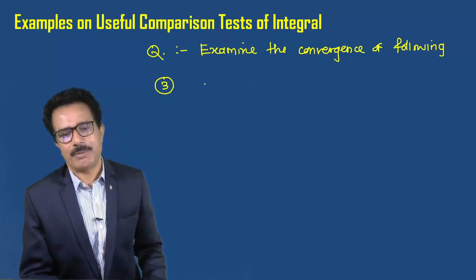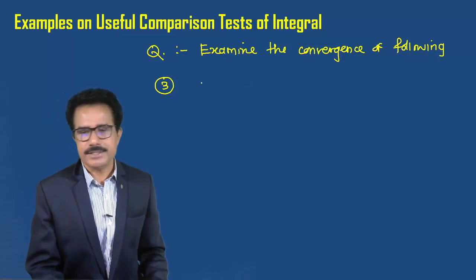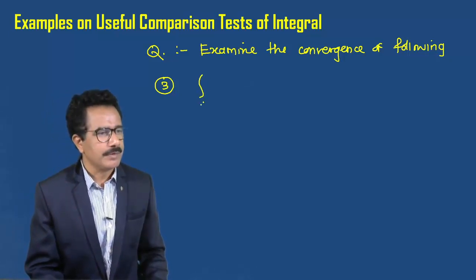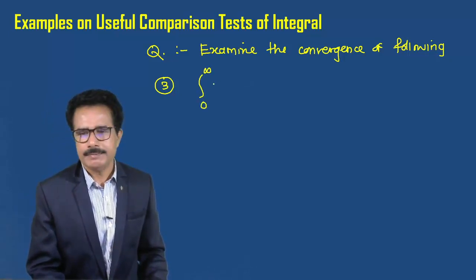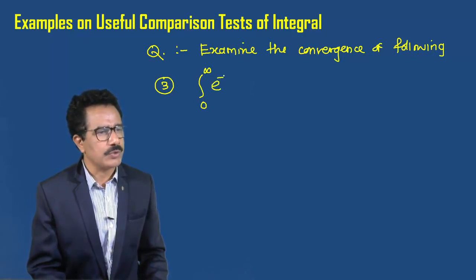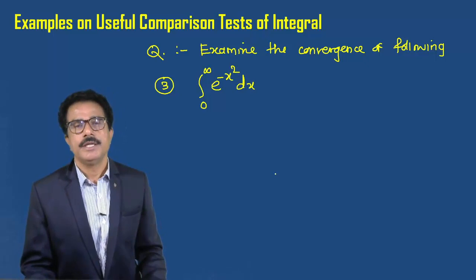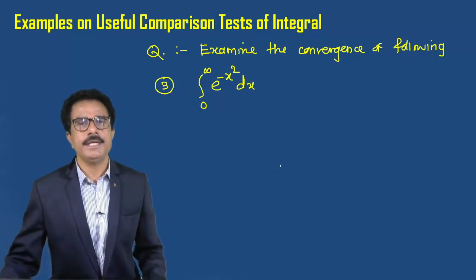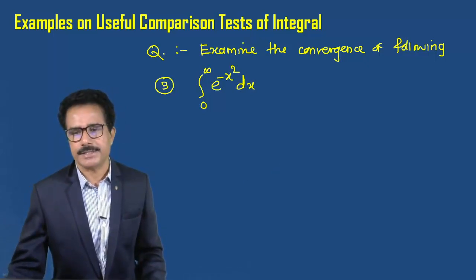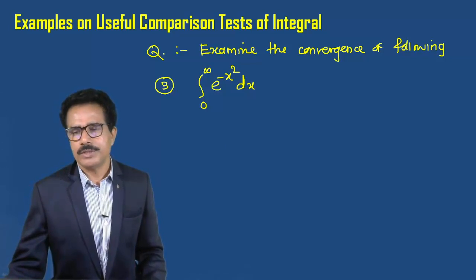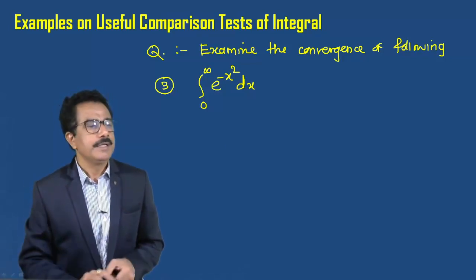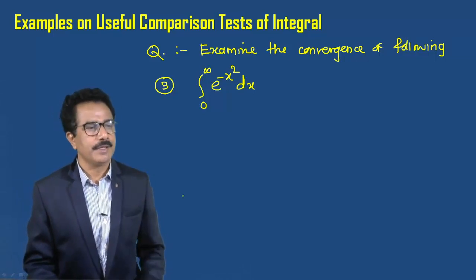See, this is the third problem. Now we can write this third problem: integral from 0 to infinity e raised to minus x square dx. Now we have to discuss the convergence of this integral. This is a very simple integral.